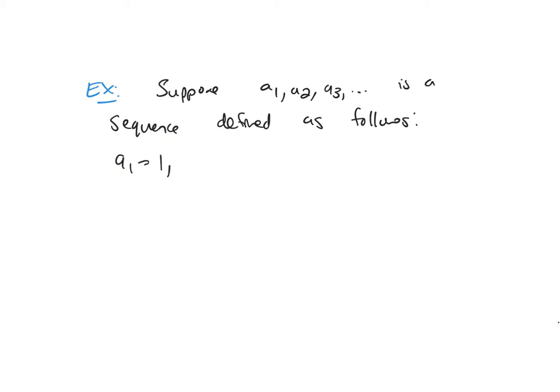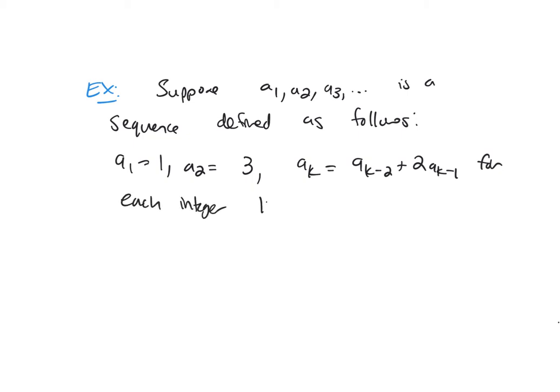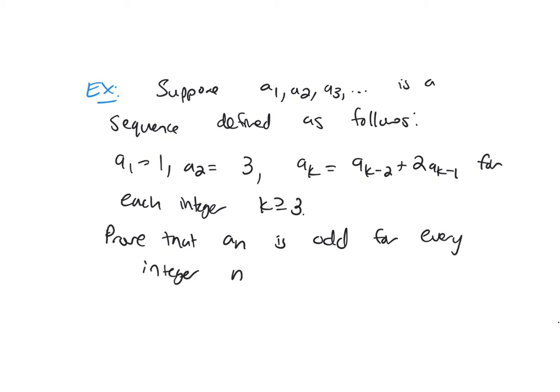A1 is 1, A2 is 3, and A_k is A_{k-2} plus 2 A_{k-1} for each integer k that's at least 3. And we want to prove that A_n is odd for every integer n that's at least 1.